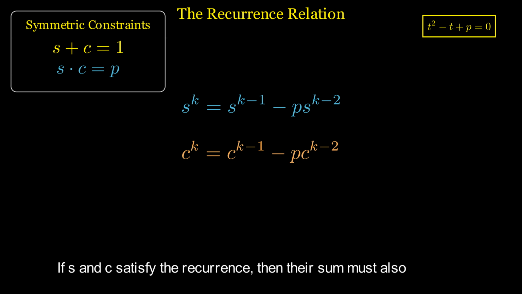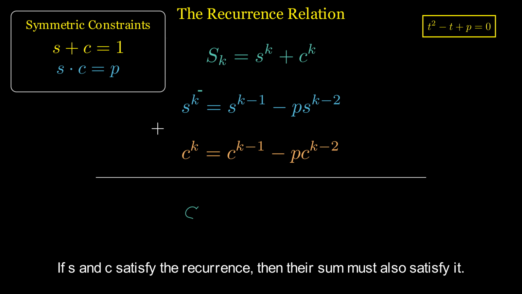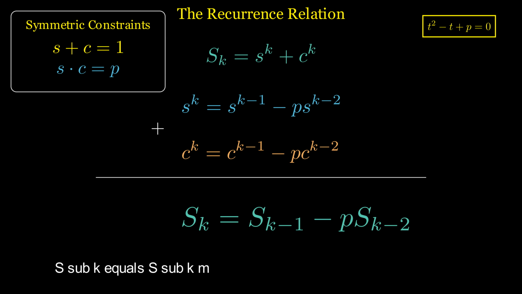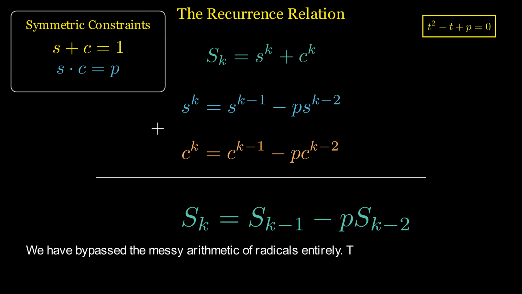If S and C satisfy the recurrence, then their sum must also satisfy it. S sub k equals S sub k minus 1 minus P times S sub k minus 2. We have bypassed the messy arithmetic of radicals entirely. This is the efficiency of pure logic.